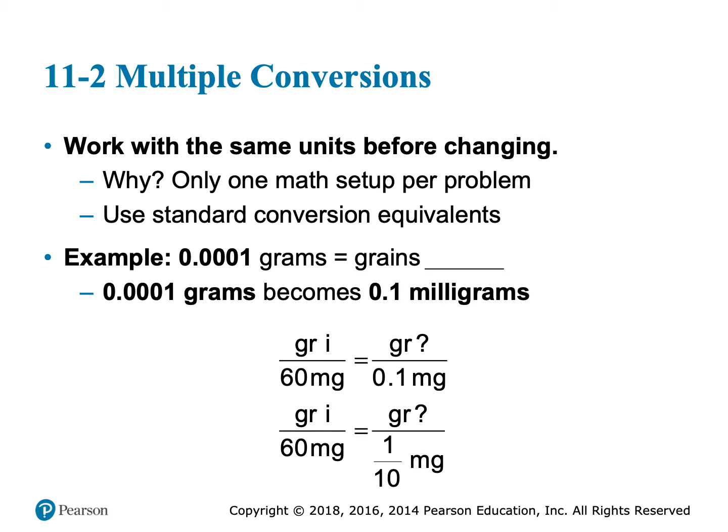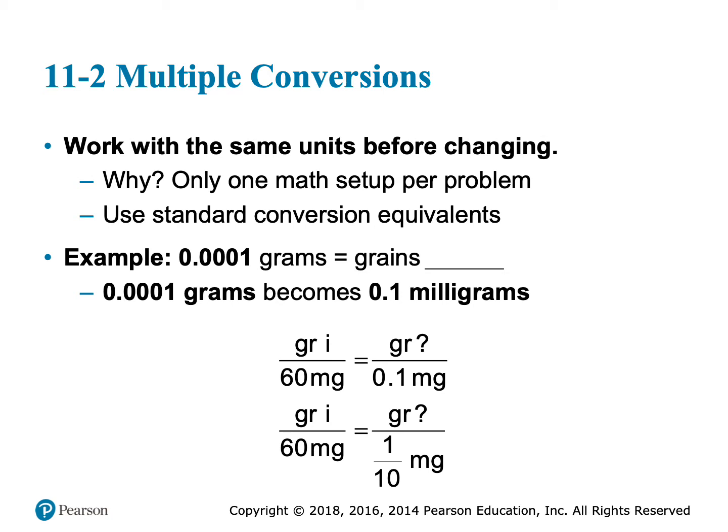Convert the 0.1 to a fraction to ensure that you have the proper format in the final answer. Remember that grains is in whole numbers and fractions and not decimals.